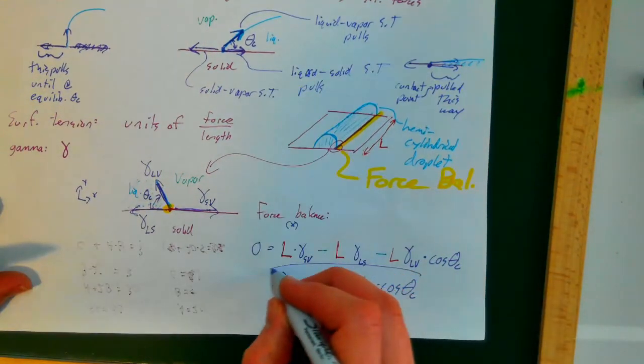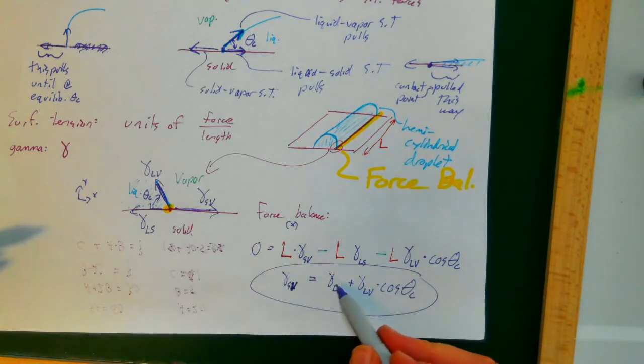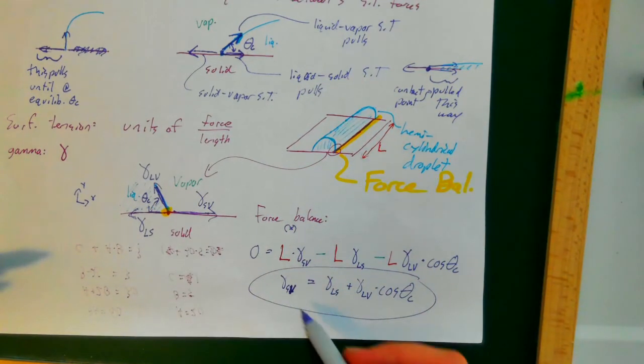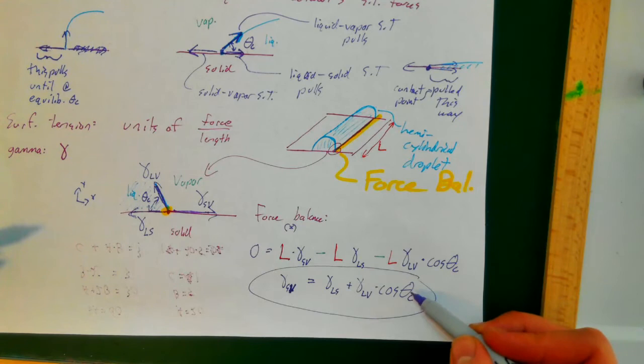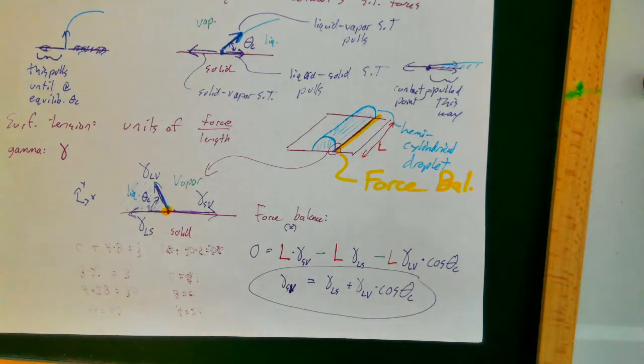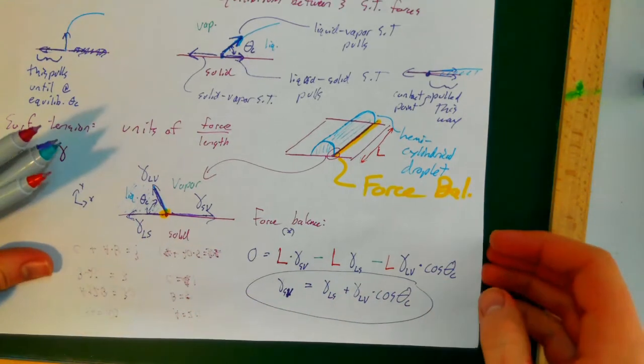So this is an equation that relates quantitative things in terms of force per length to something that you can observe experimentally, like a contact angle. So there we have it.